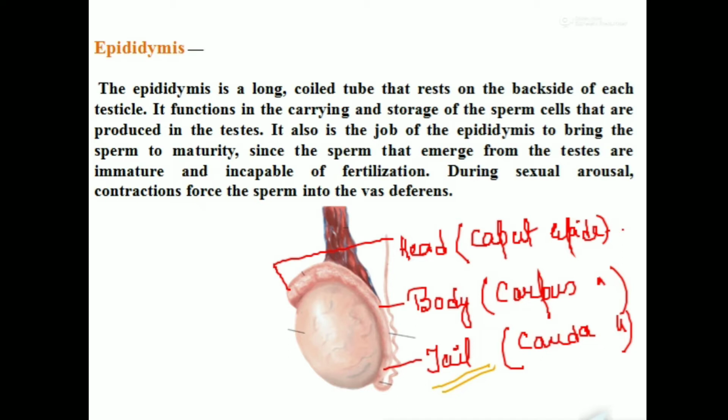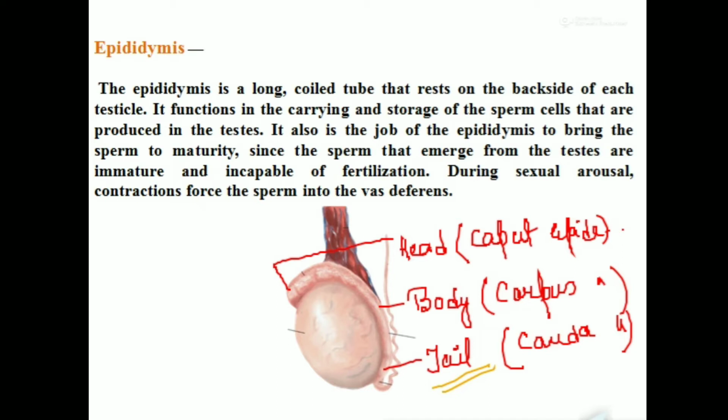When we see the whole structure, we cannot differentiate the parts, so here I tried to show you the different parts of the epididymis. That means after the testis, which is the oval shaped structure, the sperm are conducted to the second structure, which is the epididymis. It is a tubular structure divided into three parts: head part, body part, and tail part.